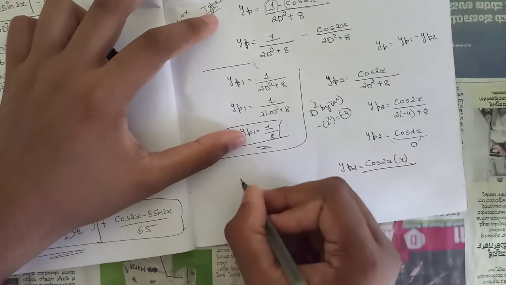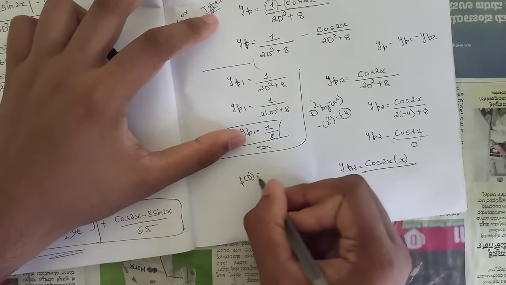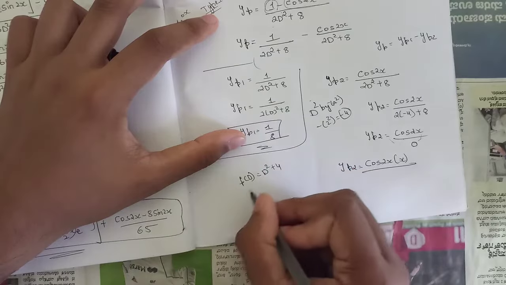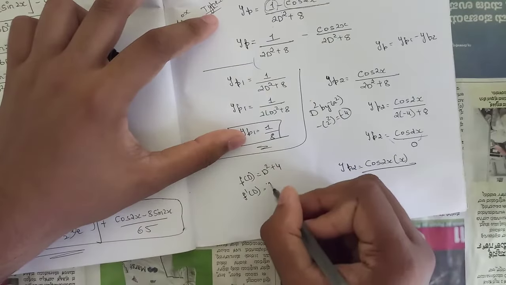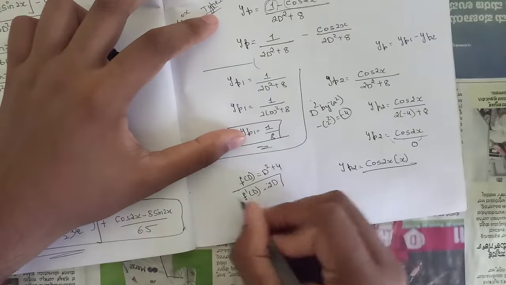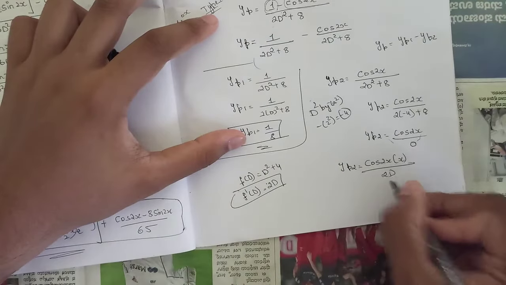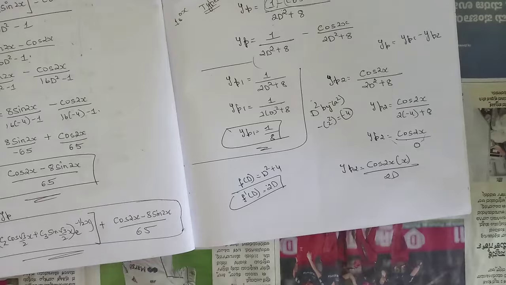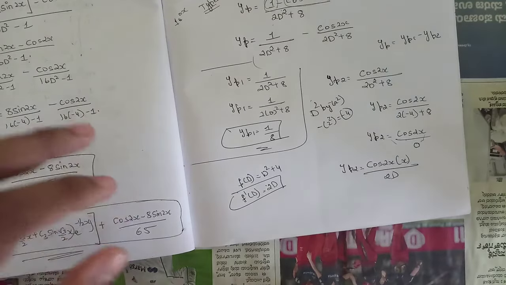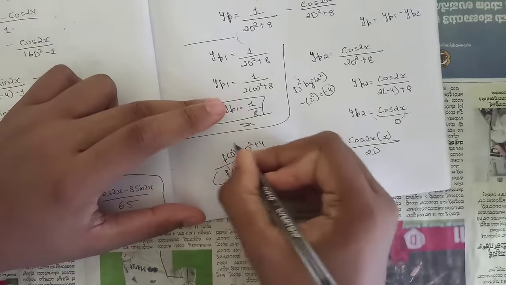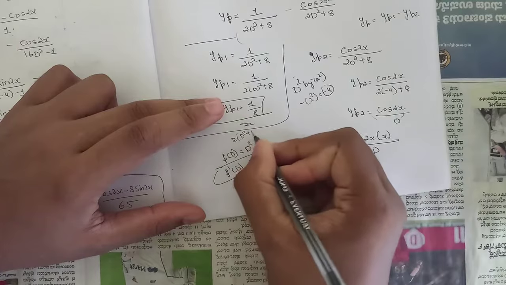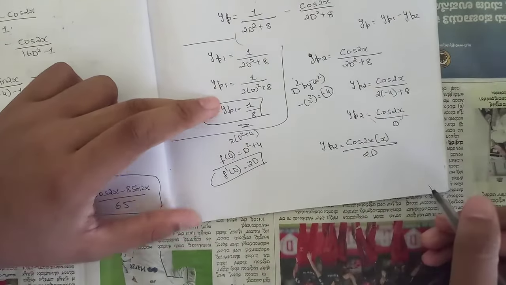So f of D here is D square plus 4. Now f dash of D would be, derivative of D square is 2D, and 4 is 0, so 2D is left. But here we had 2 into D square plus 4, and we have written it as 2D square plus 8.